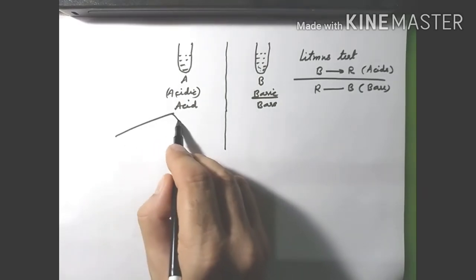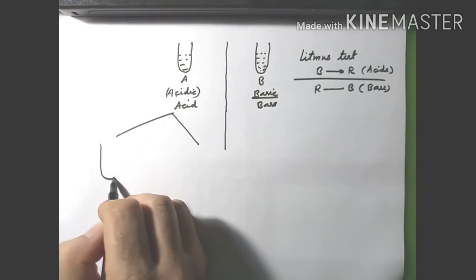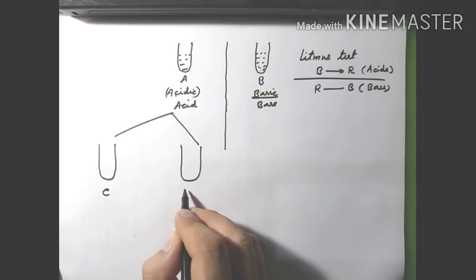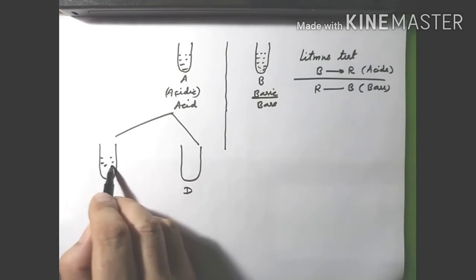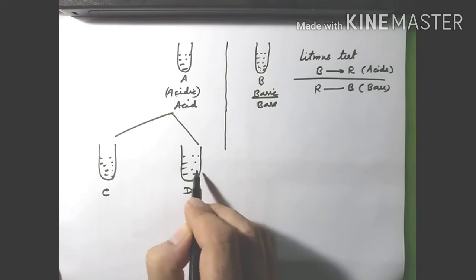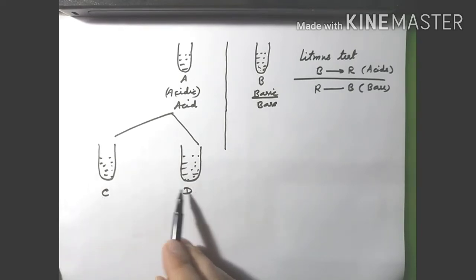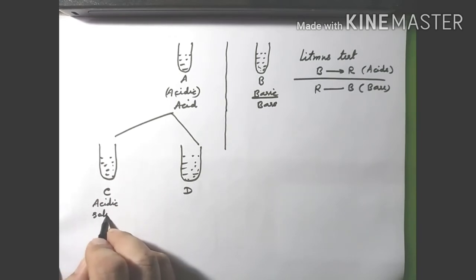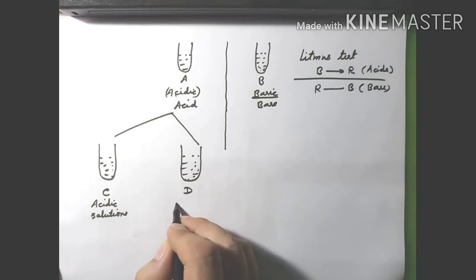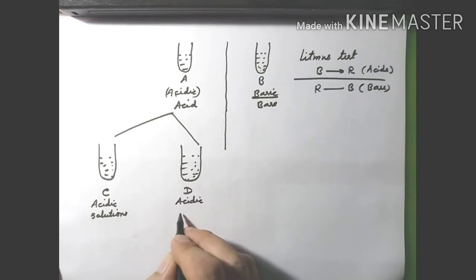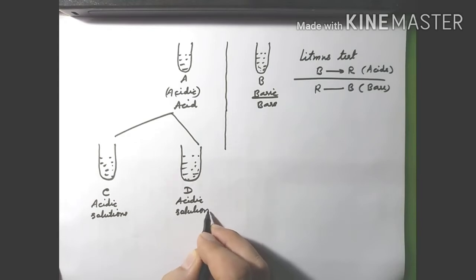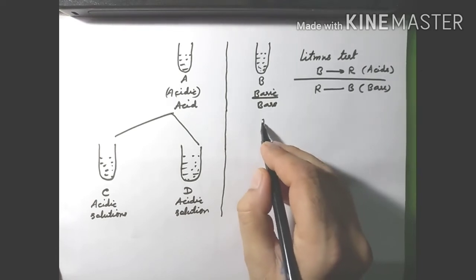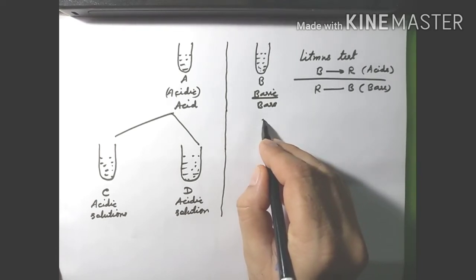Now we come to another point. Now I give two test tubes on this side. This is test tube C and this is test tube D. Both the solutions present in C and D are acidic solutions. In the same way, for the basic solutions also, I give two test tubes to you.